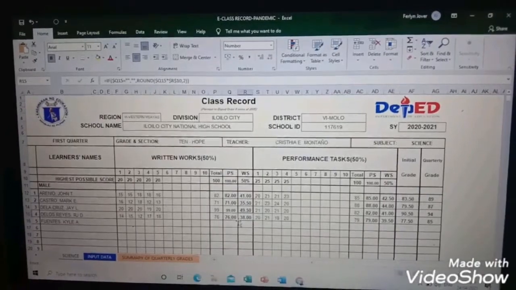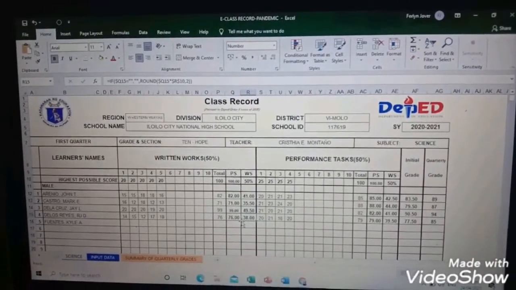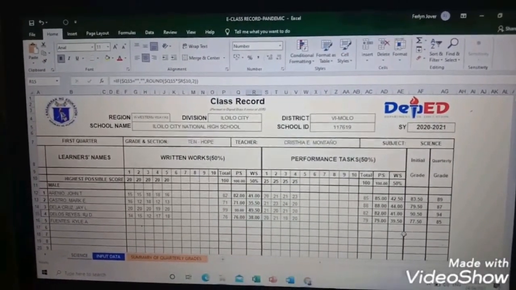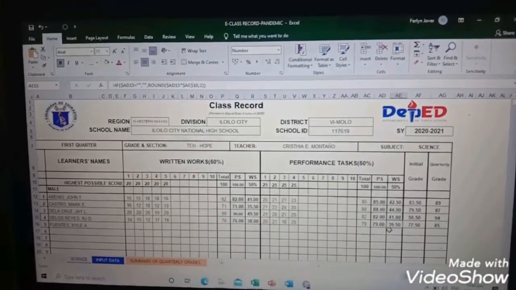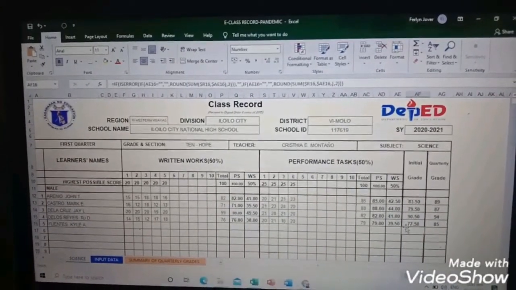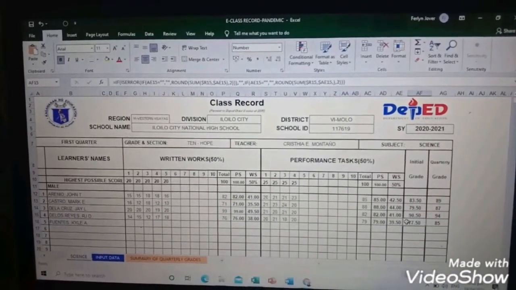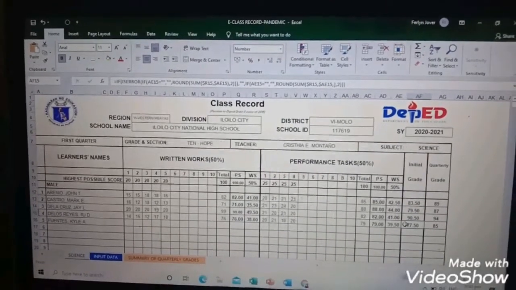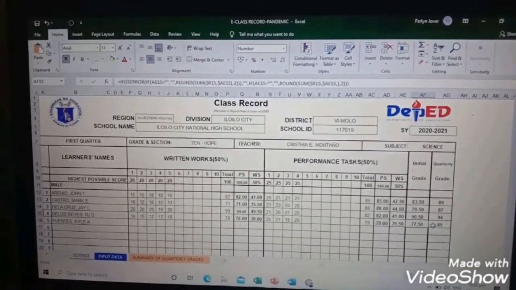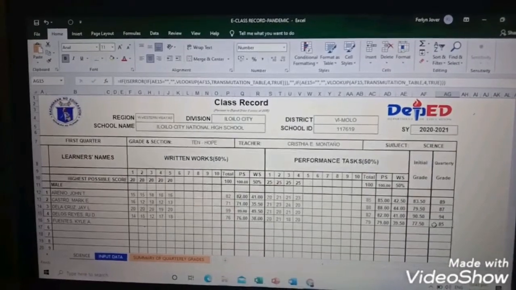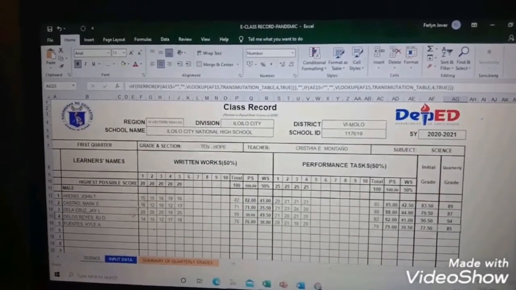In written works, his weighted score is 38, and for his performance task is 39.50, with a total of 77.50. That is his initial grade, but his quarterly grade is 85.